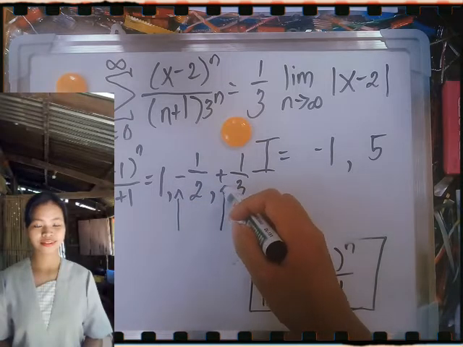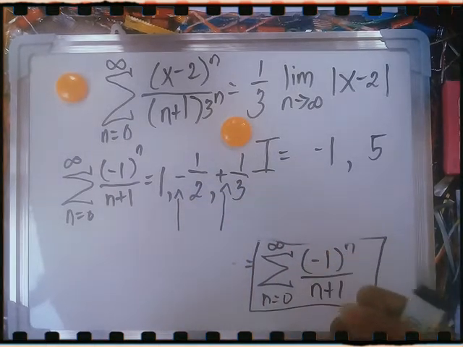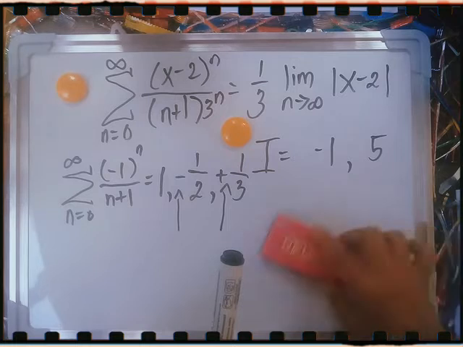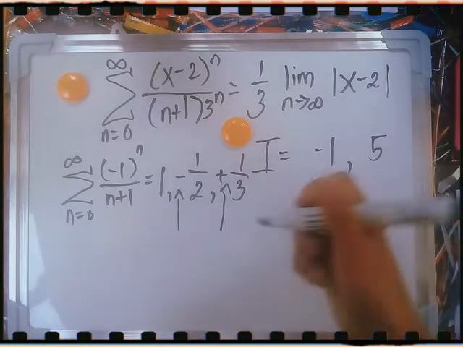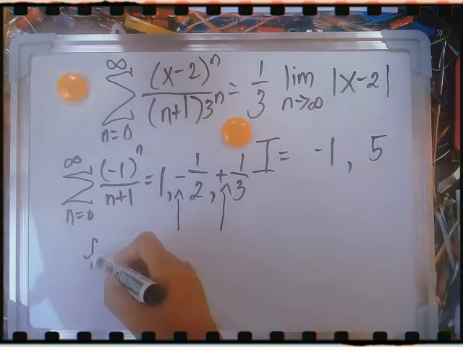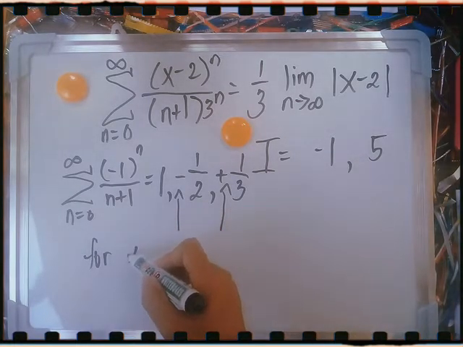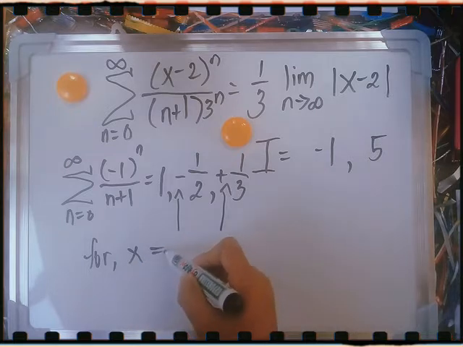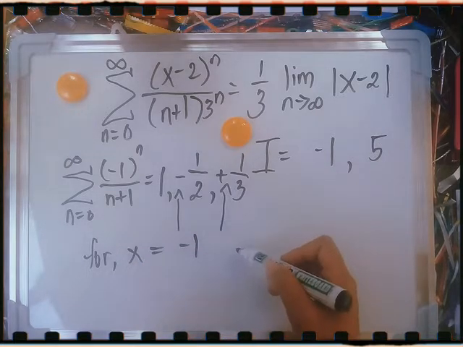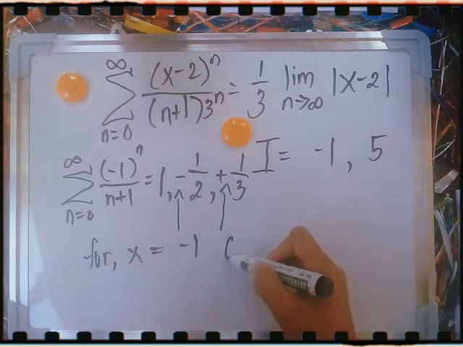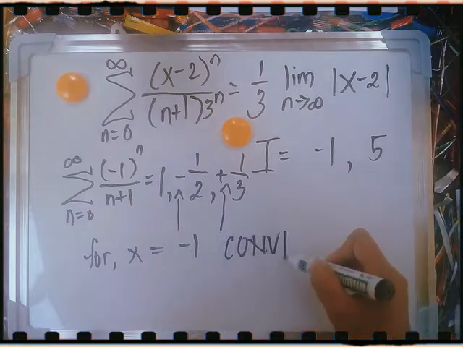Did you observe that? So when we have an alternating series, we can say that for x is equal to negative 1, the series converge.